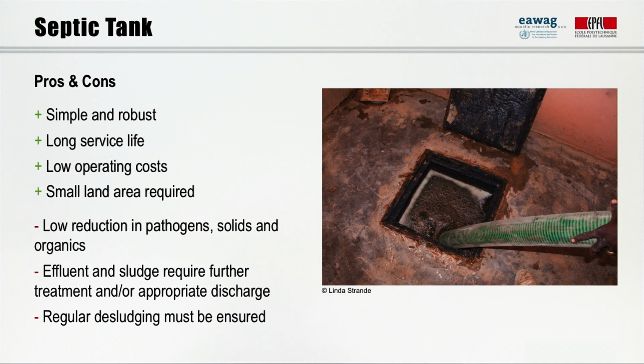On the negative side, it has to be mentioned that the removal of pathogenic organisms, suspended matter, organic substances and nutrients is relatively low. Therefore, the effluent, as well as the sludge, require further treatment and/or appropriate discharge. To ensure optimum performance of the septic tank, it has to be regularly pumped, as shown in the photo.